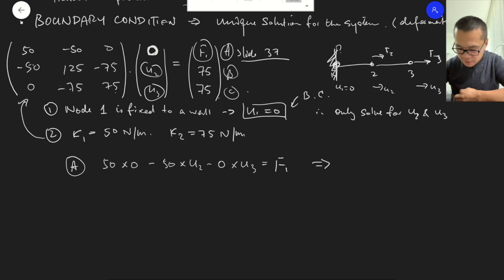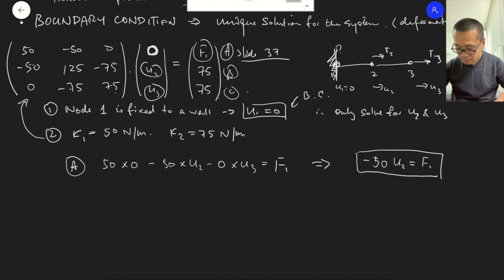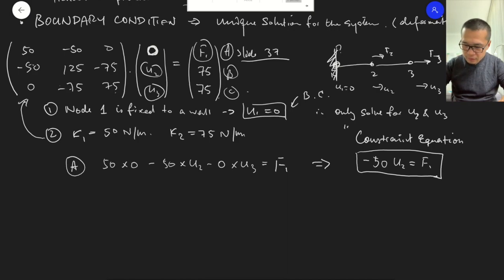So that basically says minus 50 U2 equals F1. Okay, so that gives me the first equation. And this is what we call the constraint equation.